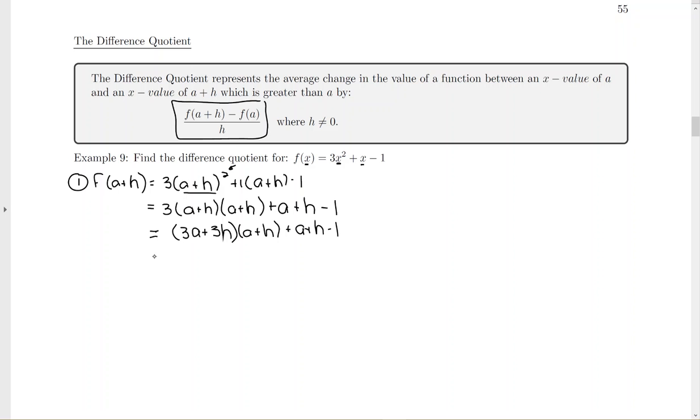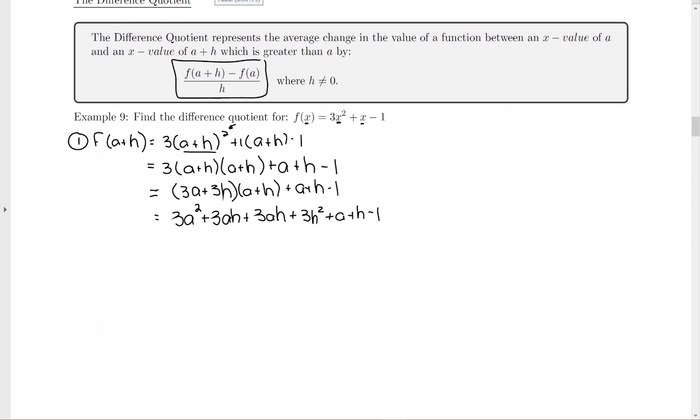this next part out. So we're going to get 3a squared plus 3ah, and then plus another 3ha, but you can alphabetize it and call it 3ah. And then 3h times h is 3h squared, plus the a, plus the h, minus the 1.